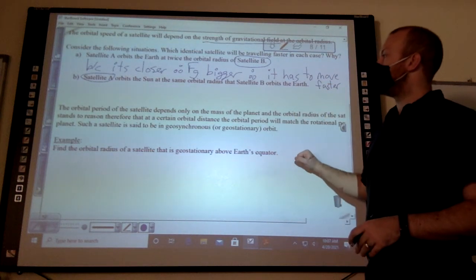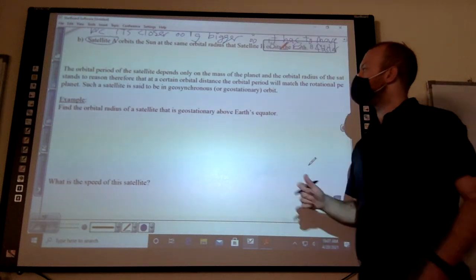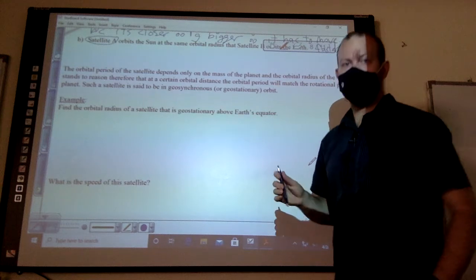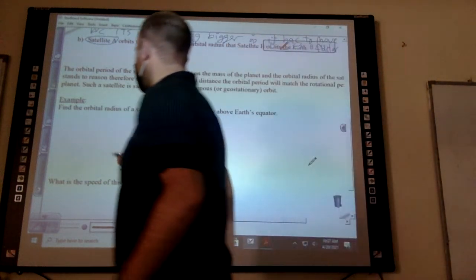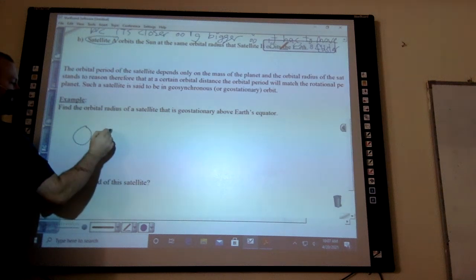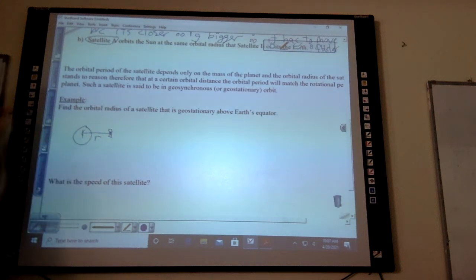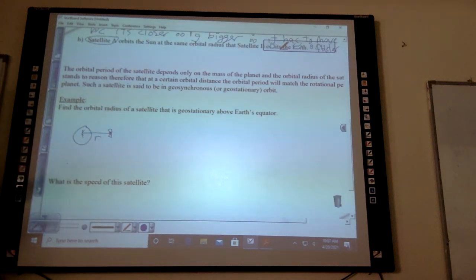So we want to figure out what is the orbital radius of a satellite that is above the Earth's equator. So let's figure this out. Here's the Earth. Here's our satellite. It's at some radius here, and that's what we're looking for.